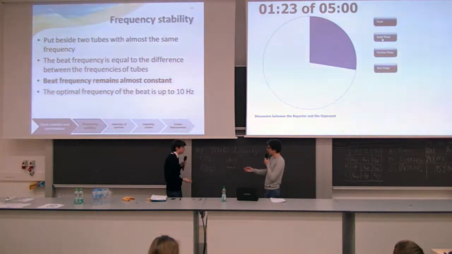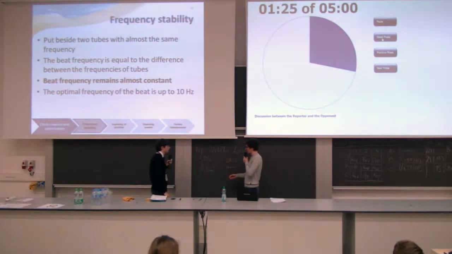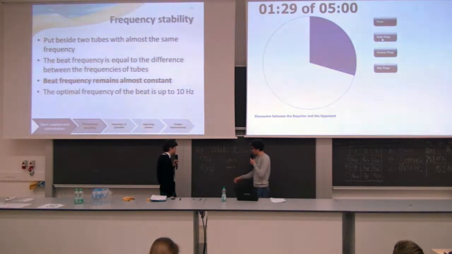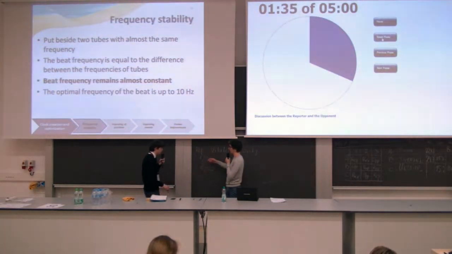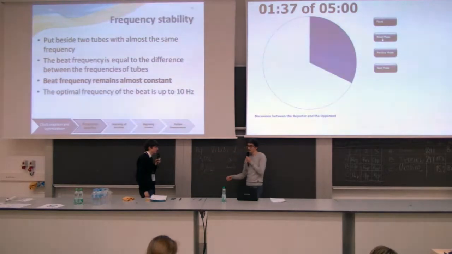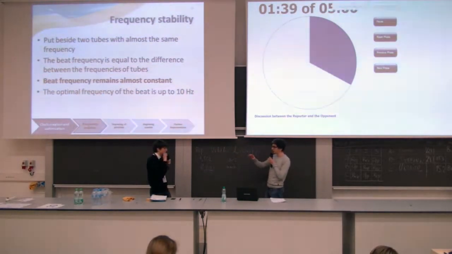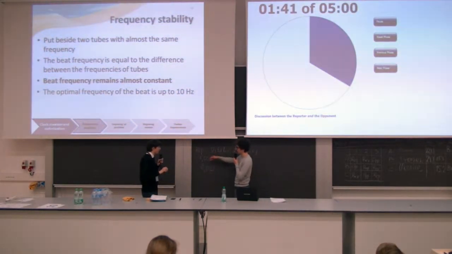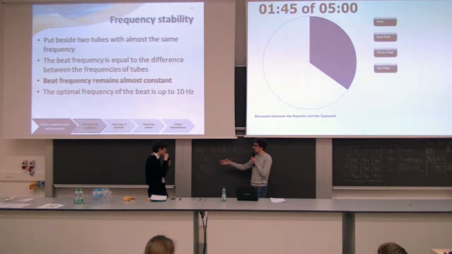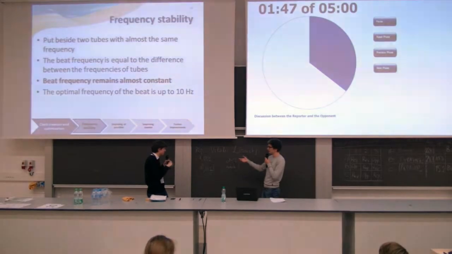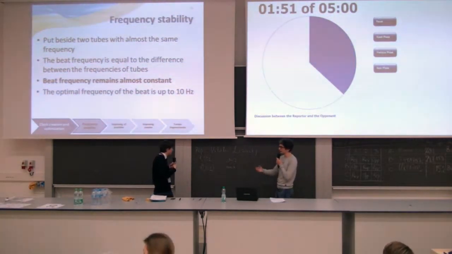I think what's important is the imprecision of your frequency relative to the frequency itself. So maybe it would have been interesting to study the ratio of the uncertainty of your frequency divided by the frequency itself, because it's the important parameter that has an impact on the precision.